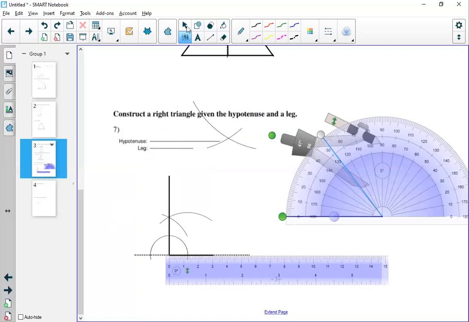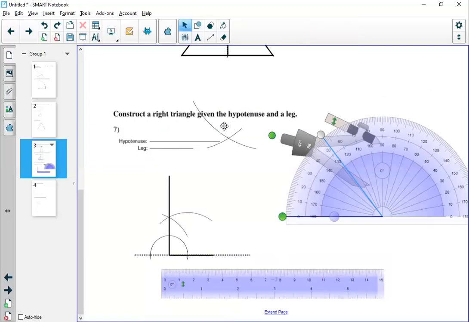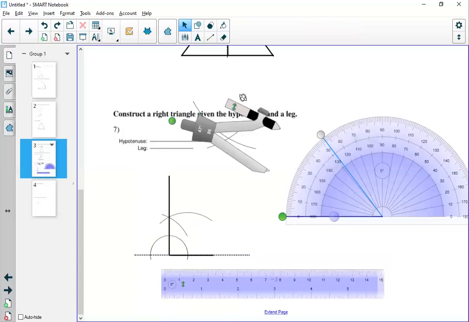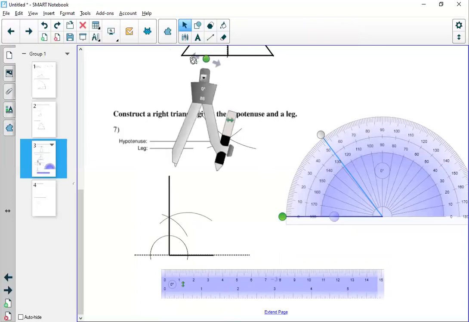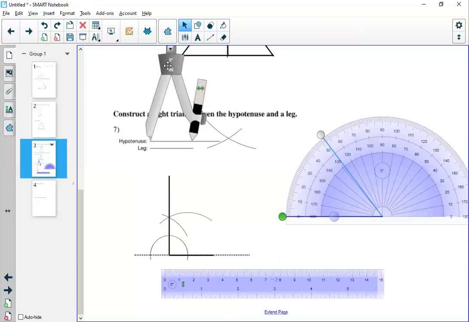Perfect. Then finally, I'm going to make use of the compass, increase the radius of the compass to be the length of the hypotenuse side of the triangle. Get it to this point and increase it to be equal to that length.